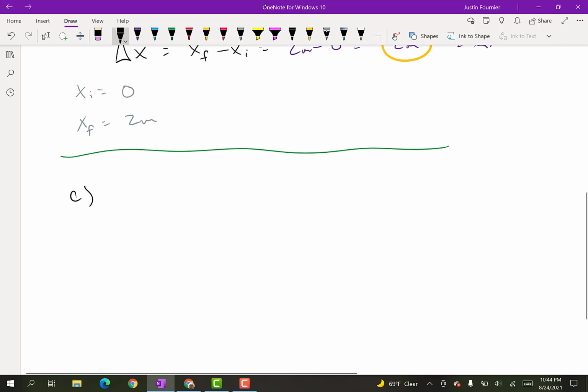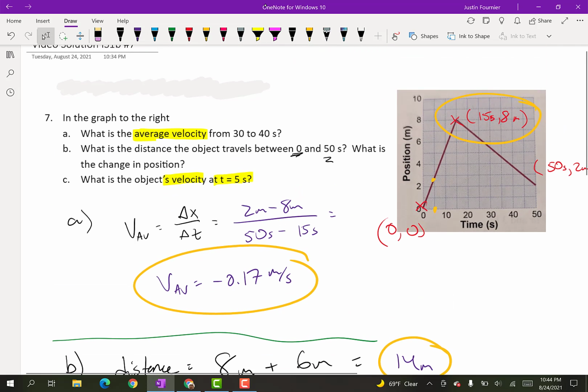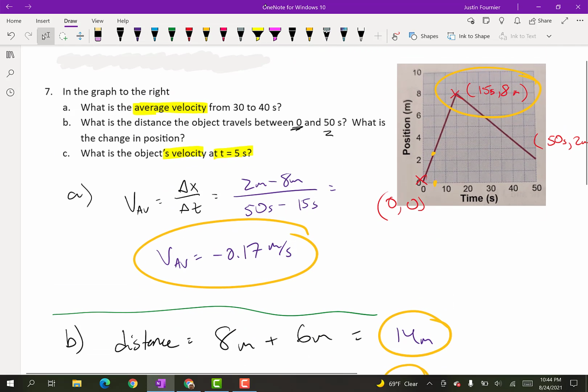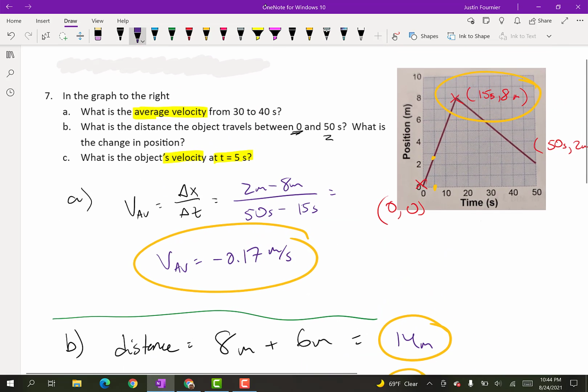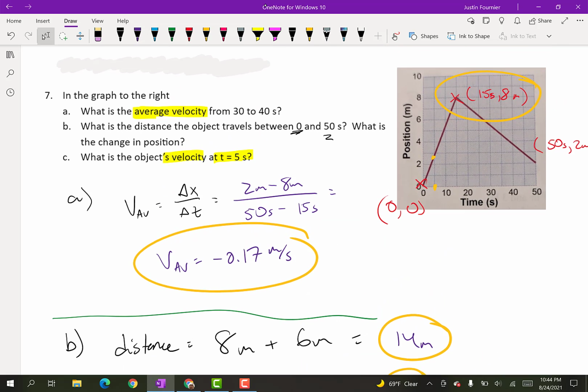Again, the average velocity is the slope of a position versus time graph, so it's the displacement divided by the change in time, or the change in position. So my final position is 8 meters. My initial position is 0. Sorry, my final position is 8 meters, my initial position is 0.